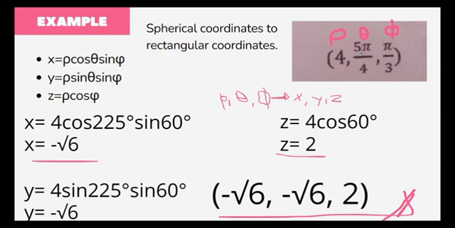If you remember, to have the degrees, you need to multiply 5 quarters by 180, and the result of that multiplication is 225.